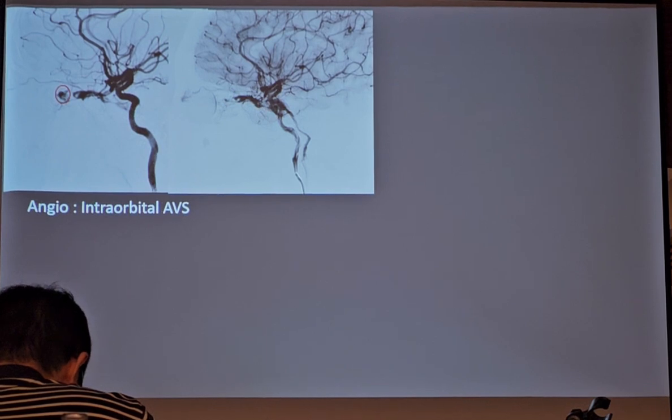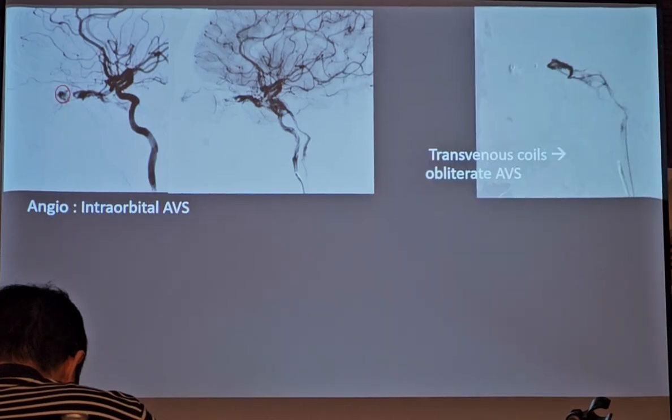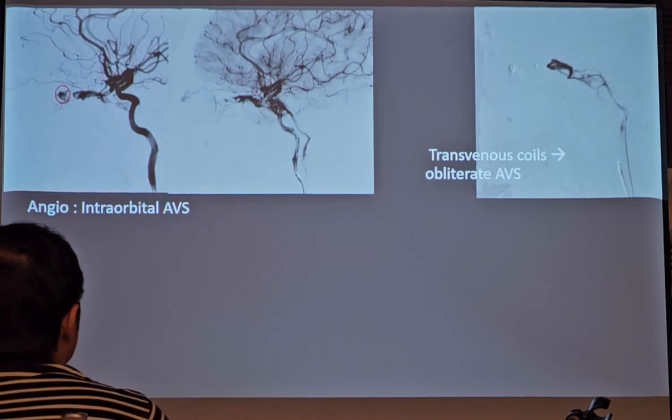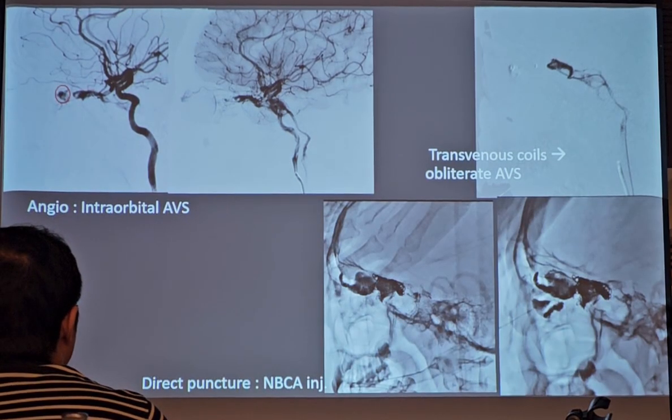And again, luckily we were doing the angiogram, and we found this, and we know that if we puncture this lesion, which has a very large shunt associated at the top of the orbital apex, it's going to be bad. So we were able to do a transvenous embolization of the shunt, and then we were able to do the direct puncture.